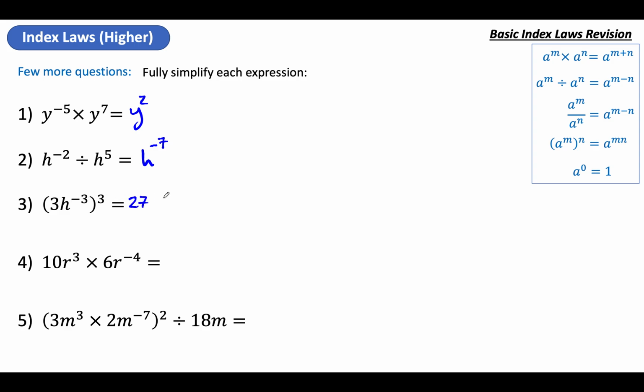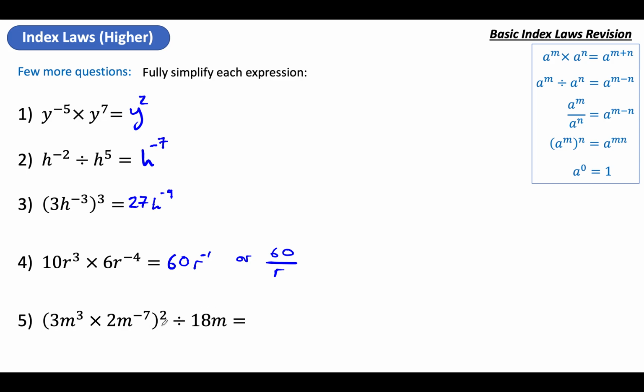And then minus 3 times 3 is minus 9, or negative 9. 10 times by 6 is 60. And the r will be 3 plus minus 4, which is r to the power of minus 1. You can't put minus r, it is r to the power of minus 1. Right? Or you could write 60 over r, but we'll come to that next time.